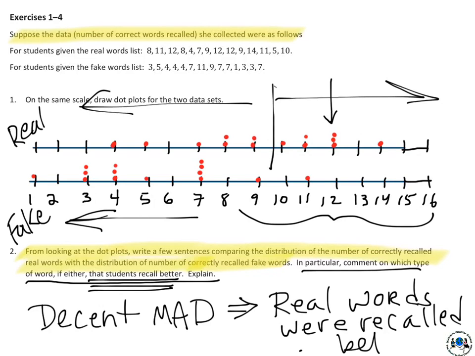But from looking at these two dot plots, even though there is some overlap, I wouldn't say there's a great deal of overlap. You have some overlap right in here within that range. But otherwise, it seems pretty clear to me that real words were recalled better. And sorry, but just to use common sense, it seems to make sense to me.